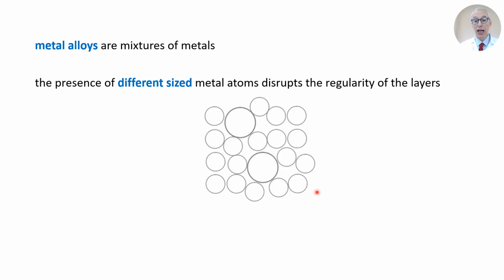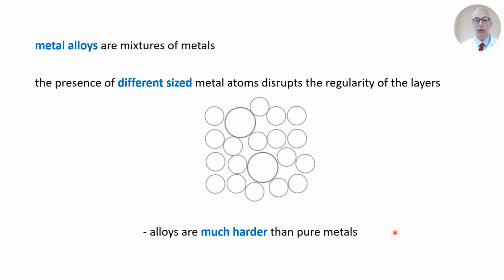So rather than having nicely arranged regular layers of the same size of atoms, if we put in some different size atoms, you can see that the regularity of the layers is disrupted. That is because we've got different sized metal atoms inserted. Now that may also include carbon. Because of that, the alloys are much harder than pure metals.